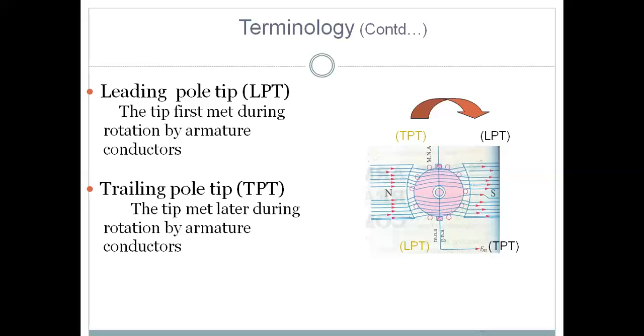The tip it first touches is called leading pole tip, and this tip is called trailing pole tip. I think it is clear what is leading pole tip and trailing pole tip. In the direction of rotation of armature conductor, the pole tip which is first met is called leading pole tip. The other tip is automatically called the trailing pole tip.